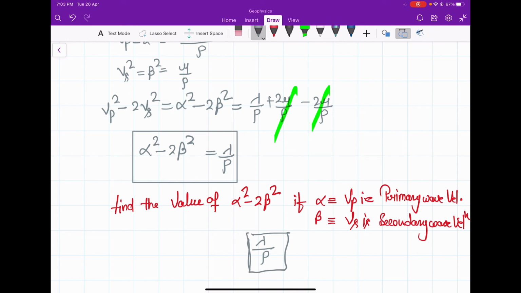So this will be your answer for alpha square minus 2 beta square.